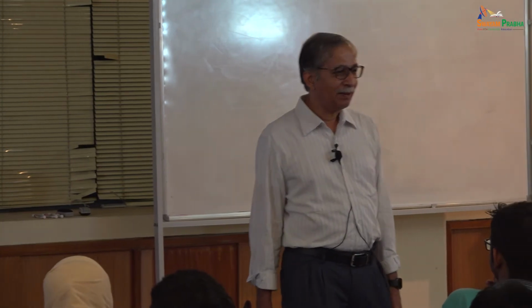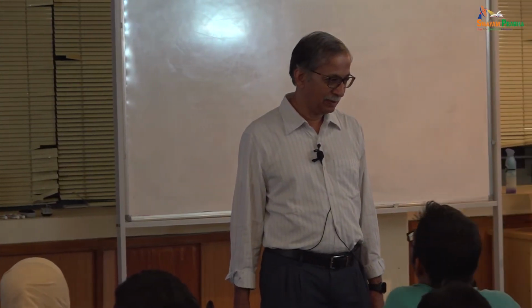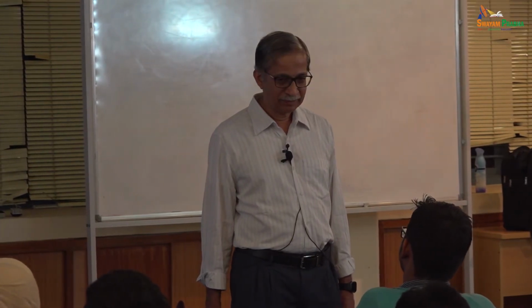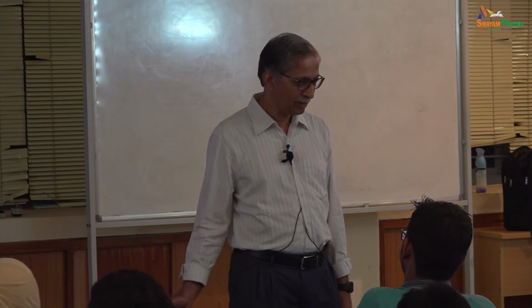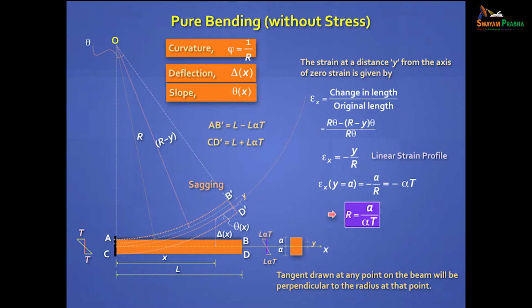It's a good question. Incidentally, you have the same phenomenon when you study curvature in beams, shrinkage in beams. You have the same problem. So he's raised a good question. He says, why can't it all be straight and this become like that?